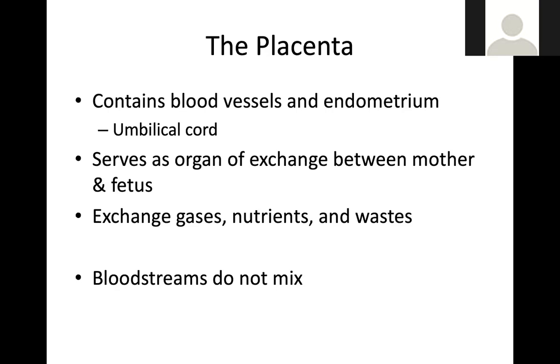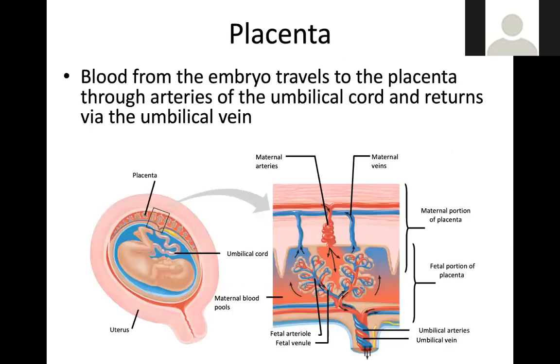If baby has an antigen for mom's blood, that could be an issue. All right, so the bloodstreams don't mix, but the placenta is able to break down and get the gases and the nutrients that the baby needs, and give those nutrients to the baby. So usually the saying is, whatever mom eats, baby eats, kind of that theory here.